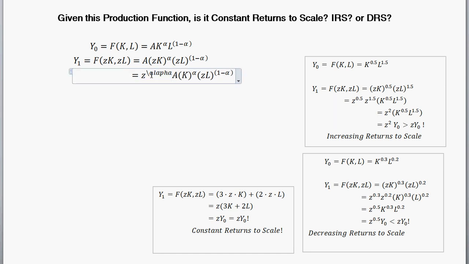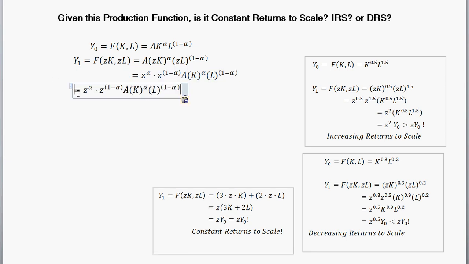And then I'm going to pull out the z in front of L. So that's times z raised to the 1 minus alpha. And then we have A times K to the alpha times L to the 1 minus alpha. That's just the initial output, so I can put a little Y sub naught there.